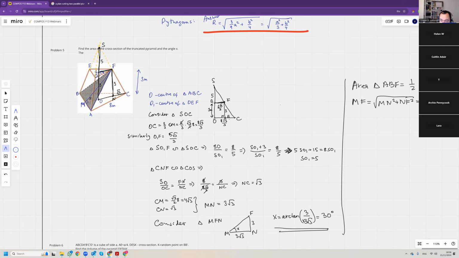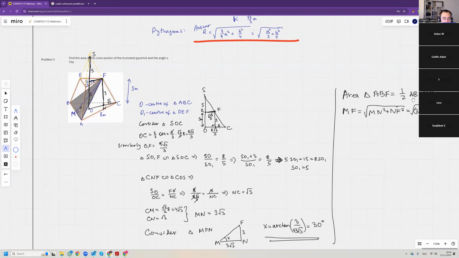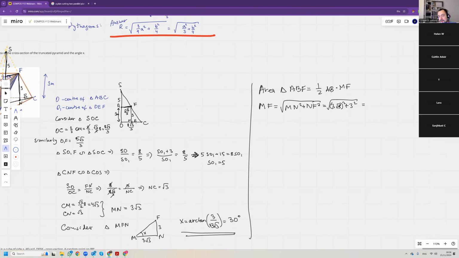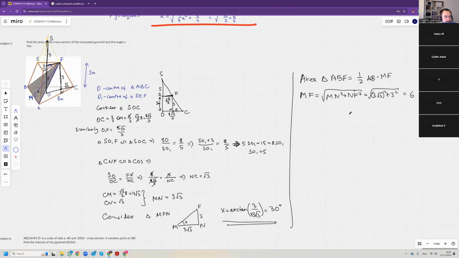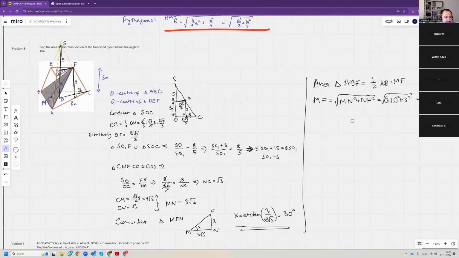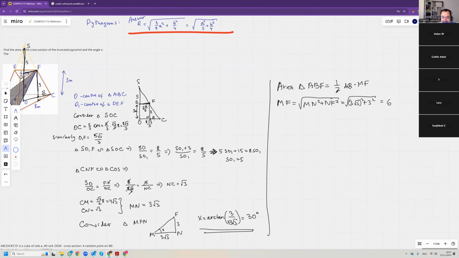That's 3 root 3 squared plus 3 squared, which is 27 plus 9, 36. Very nice of this pyramid to be 6. So MF is 6.